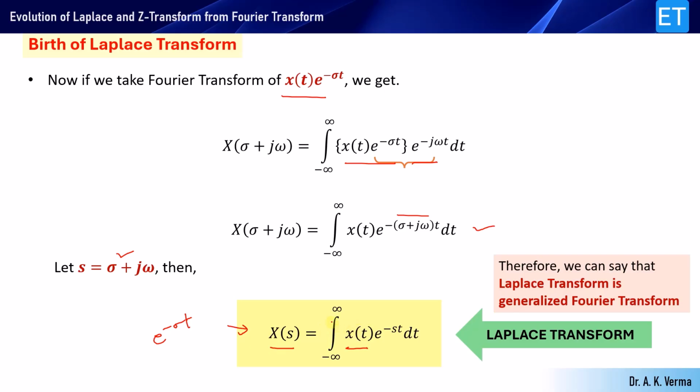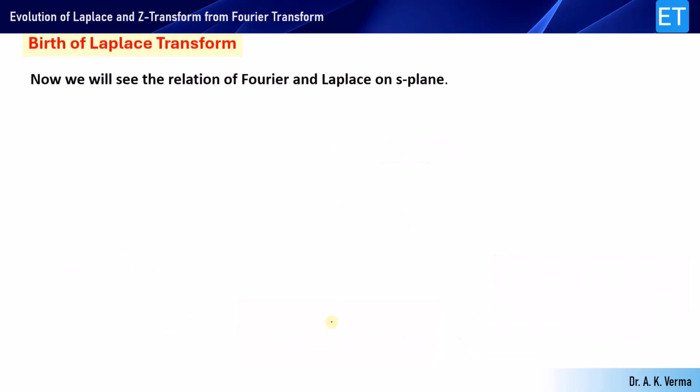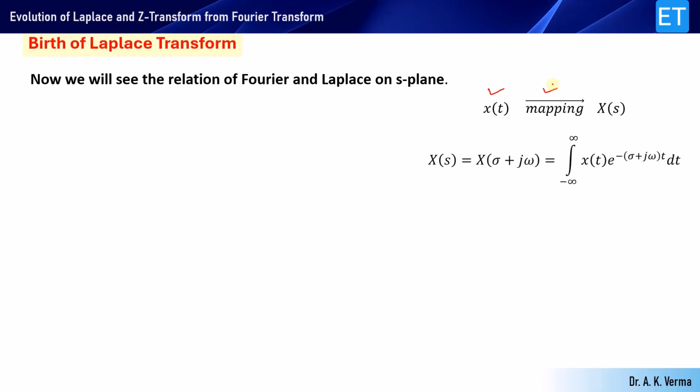Now let me show you the relation of Fourier and Laplace on the S-plane. Taking the Laplace transform of a time domain signal, let's say x(t), is actually a mapping process with this formula, the formula of the Laplace. All the points of x(t) are now mapped to points in the S-plane.